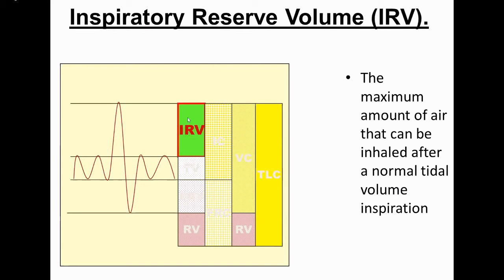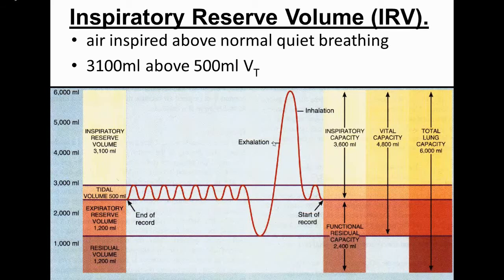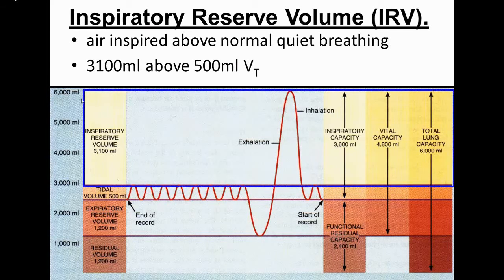So if you look at this picture, we can see the inspiratory reserve volume. Can you see this blue box? It is showing you the inspiratory reserve volume, and its capacity is normally 300 milliliters.